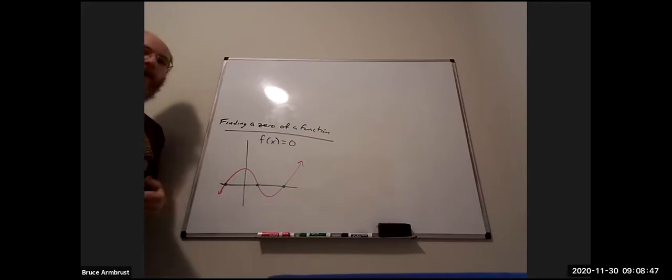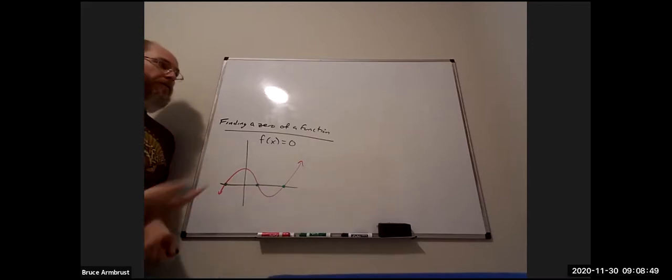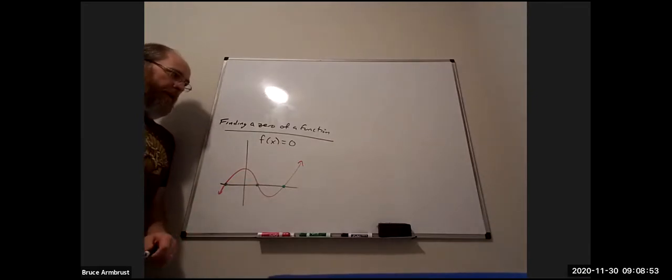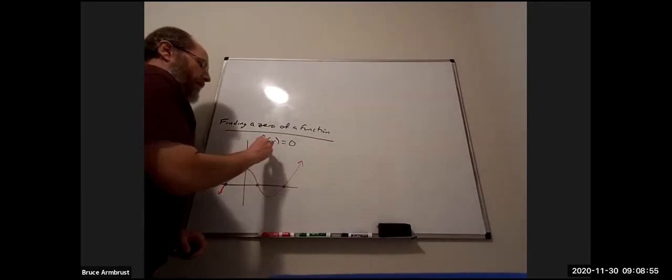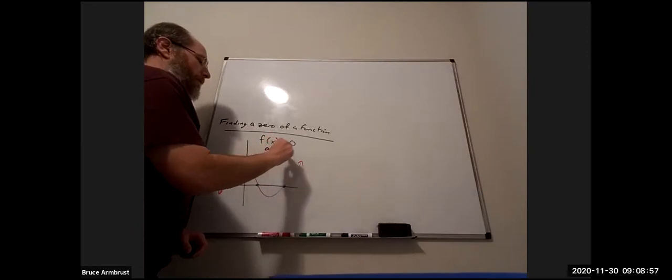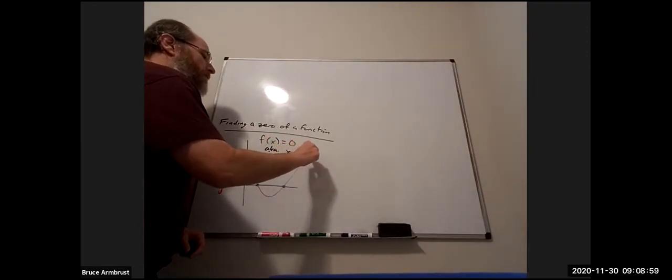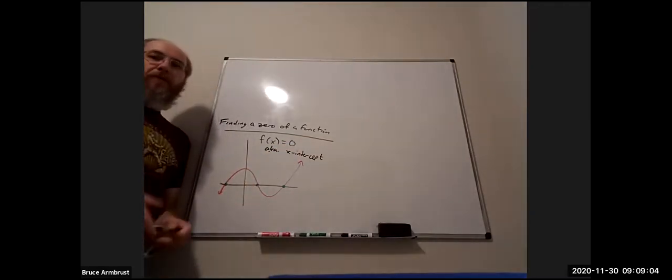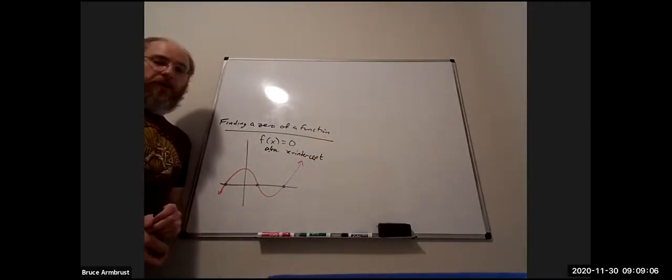So when we found a zero of a function, it was where the function equals 0, also known as an x-intercept. So anytime that you've been asked to find x-intercepts, you've been finding zeros of a function.